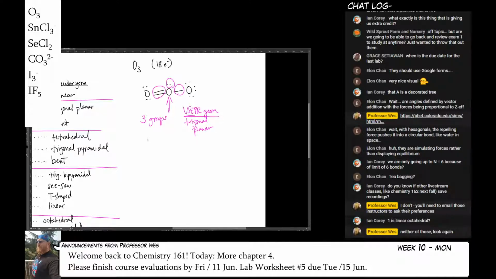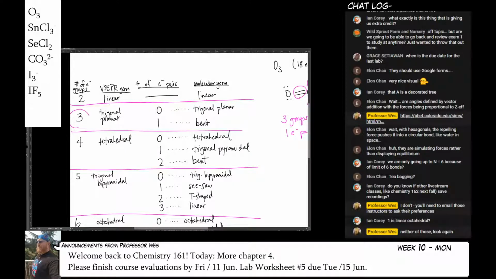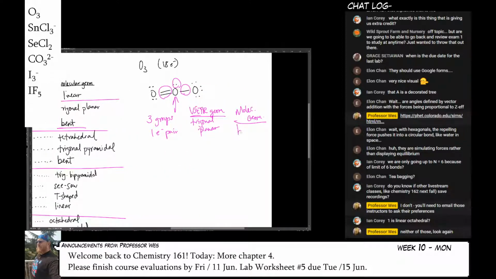And of those 3 groups, 1 was an electron pair. So the molecular geometry is, if we go back over here, 3 electron groups, 1 is an electron pair. We would call it bent. So our structure should actually be drawn bent.